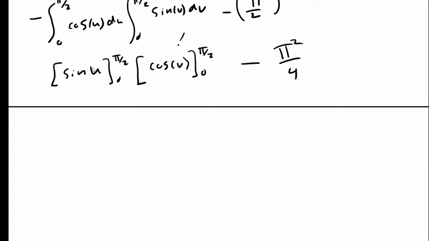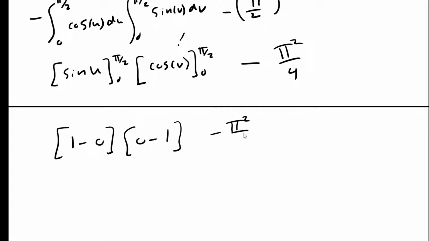Now we evaluate: sine at pi over 2 is 1 minus 0, and then we get 0 minus 1. So that's going to be minus 1 minus pi squared over 4.